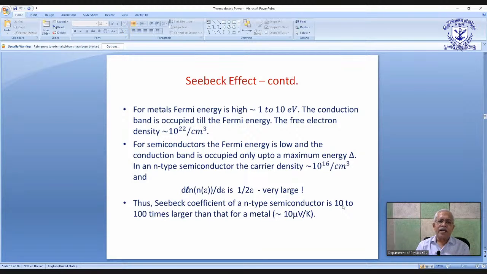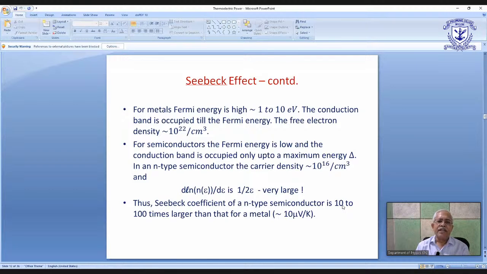The conduction band is occupied till the Fermi energy and a little beyond. The extent of energy level up to which the electrons occupy the states is determined by the temperature of the electron gas, the temperature of the material. So over an energy range equal to Fermi energy plus minus kT, the free electrons can exist.